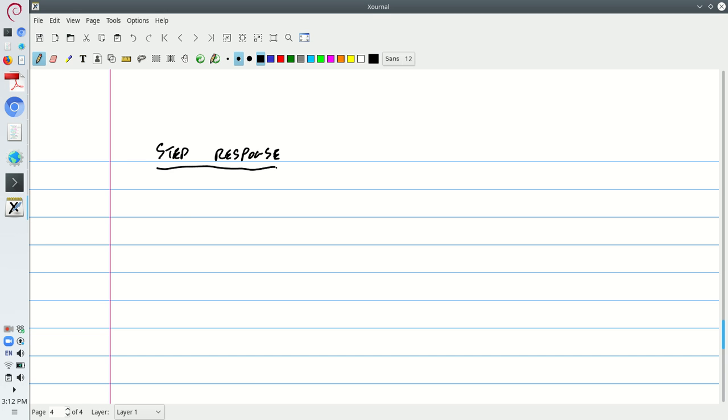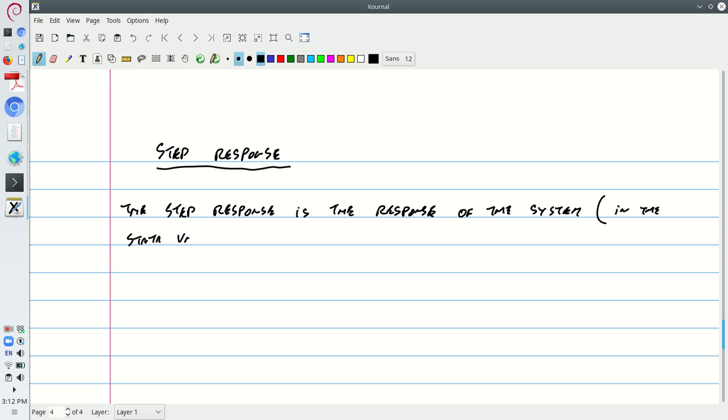The step response in general is the response of the system in the state variable or in the output variable.